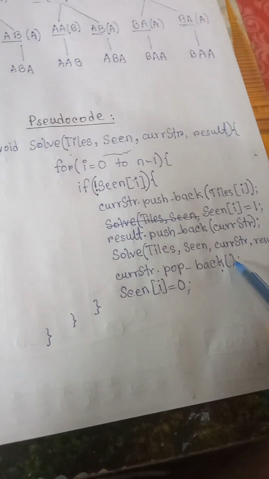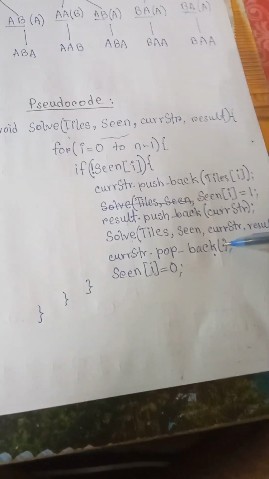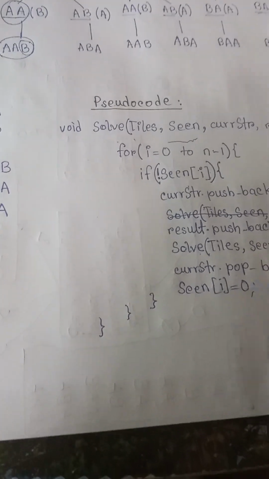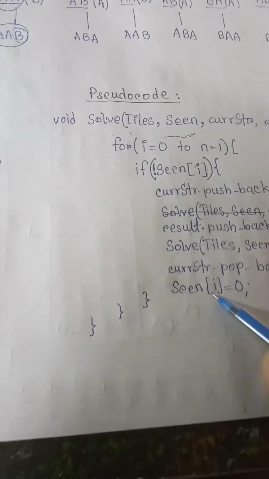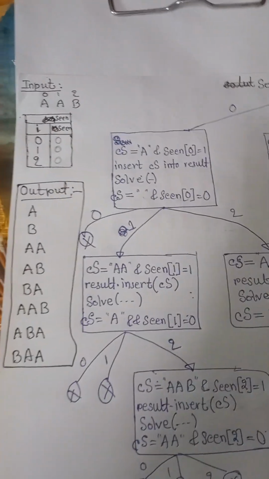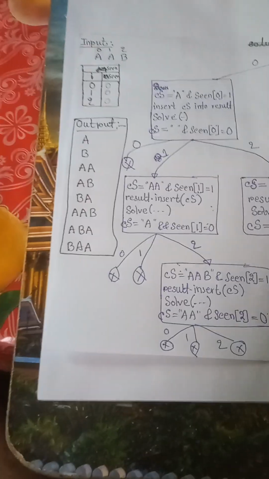In pop_back you do not have to specify which element needs to be deleted. It automatically deletes the last element, and you have to set the current index back to 0, because it is not seen actually. So here I have explained this. I think you will gain a better understanding from this.